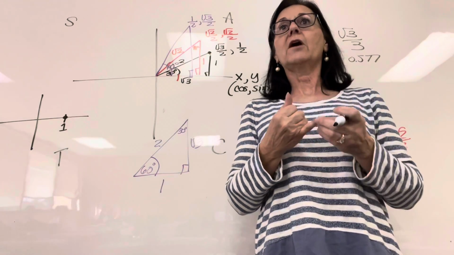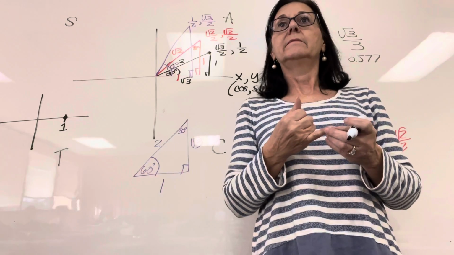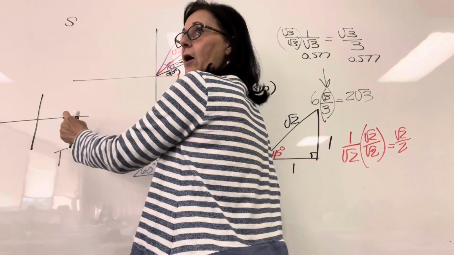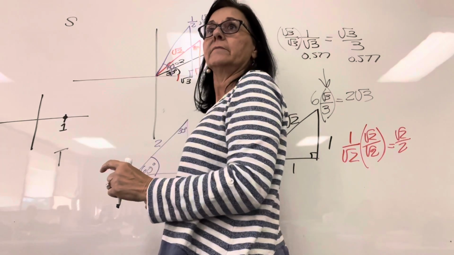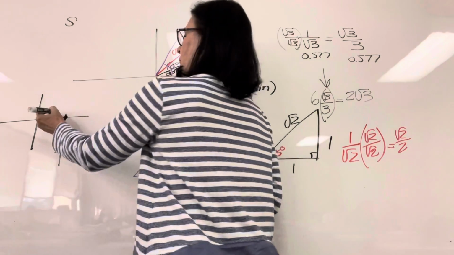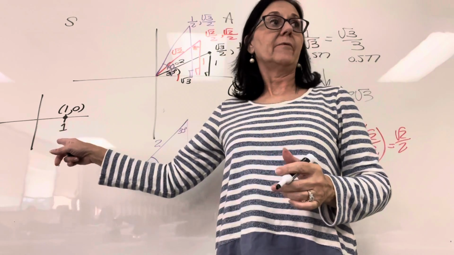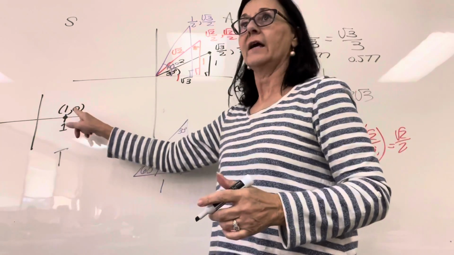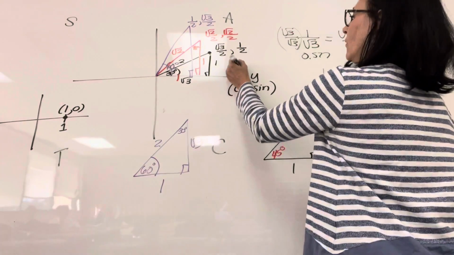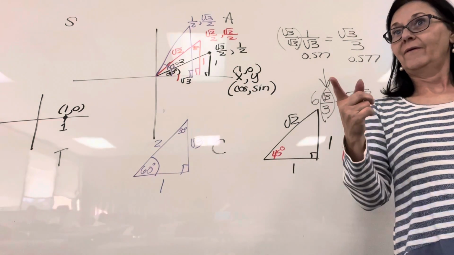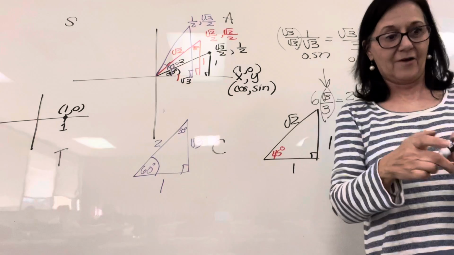What value does the cosine go with, x or y? What would be this coordinate point on the Cartesian coordinate system? It would be 1, 0. You go x 1, up 0. Guess what? Cosine, sine. 1, 0. Got it? Okay.